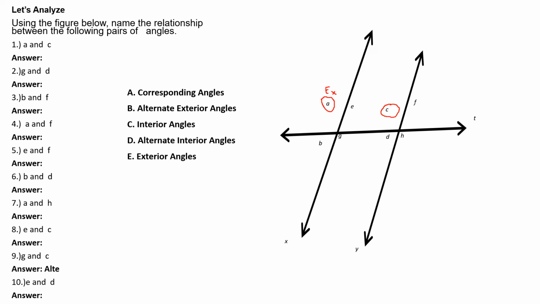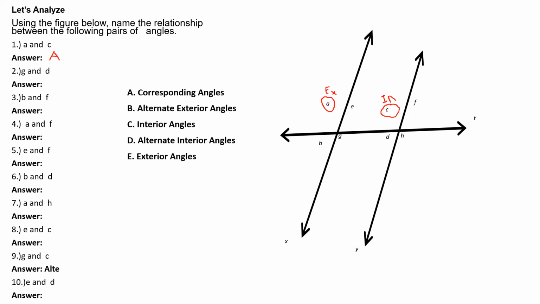So exterior, and this one is an interior angle. And then don't forget if there is here a blank, or we're going to skip an angle. So that means angle A and angle C they are both corresponding angles. So that means our answer here is letter A.